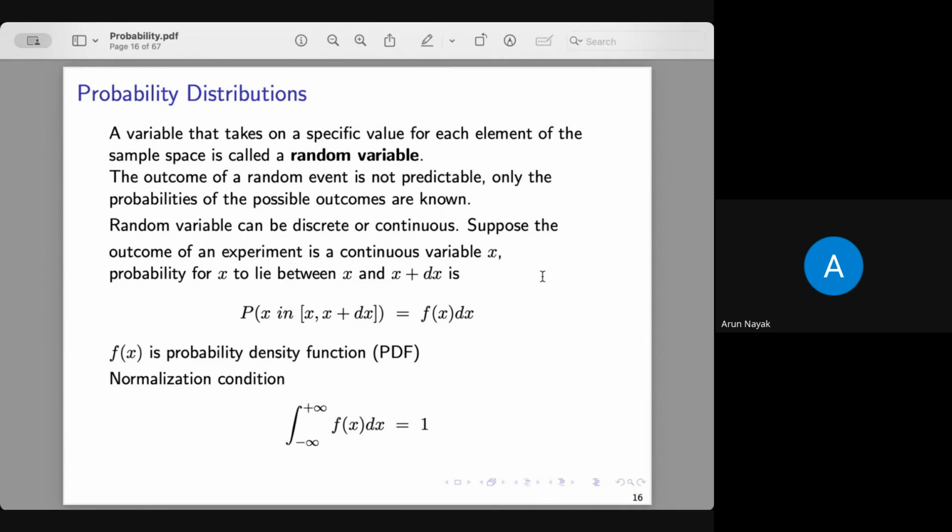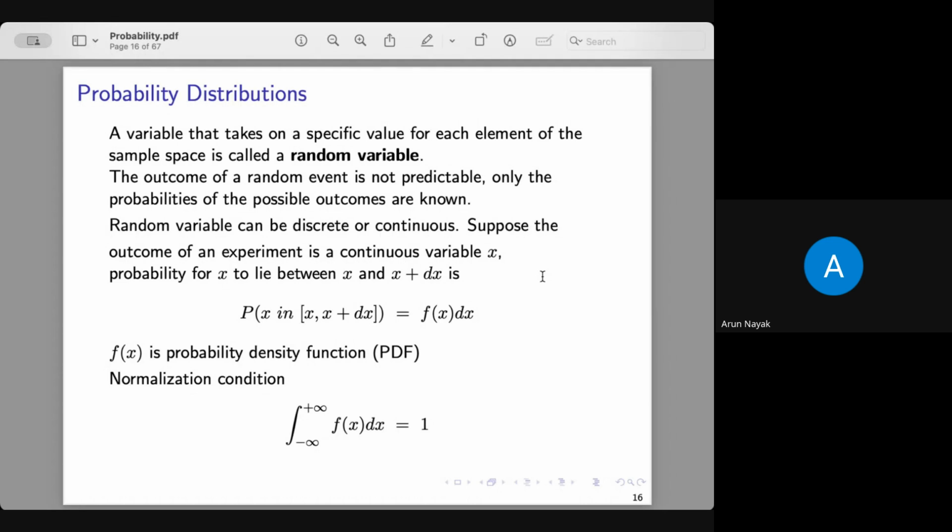So now let's come to the probability distributions. First, let's see what a random variable is. A random variable is basically a variable that takes some specific value for each element of the sample space. For example, if you throw a dice, every time you get a different number. So that's a kind of random variable, which takes a different value at every trial.